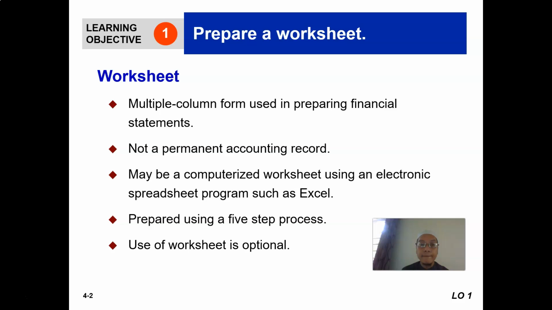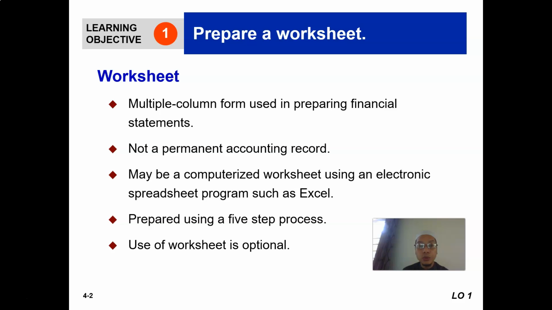The permanent accounting record will be in the journals, then the ledgers or the accounts, and the trial balance is a formal statement or report. But the worksheet is just a place for the accountant to make drafts.